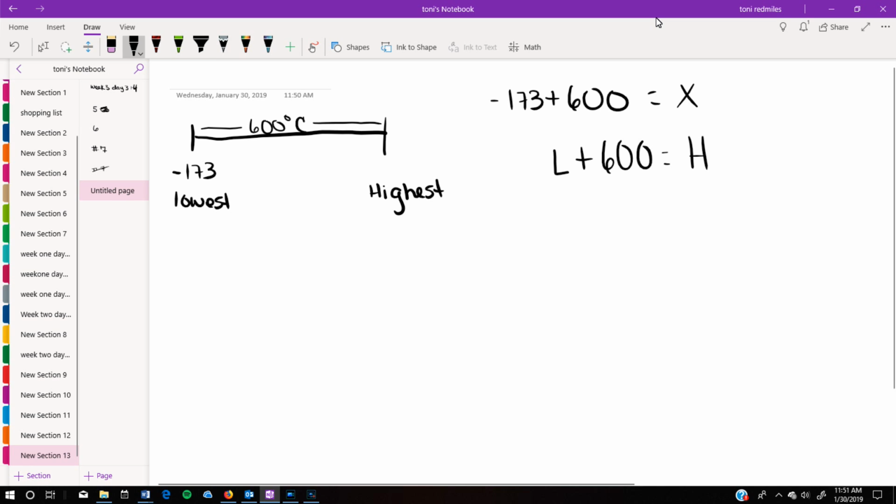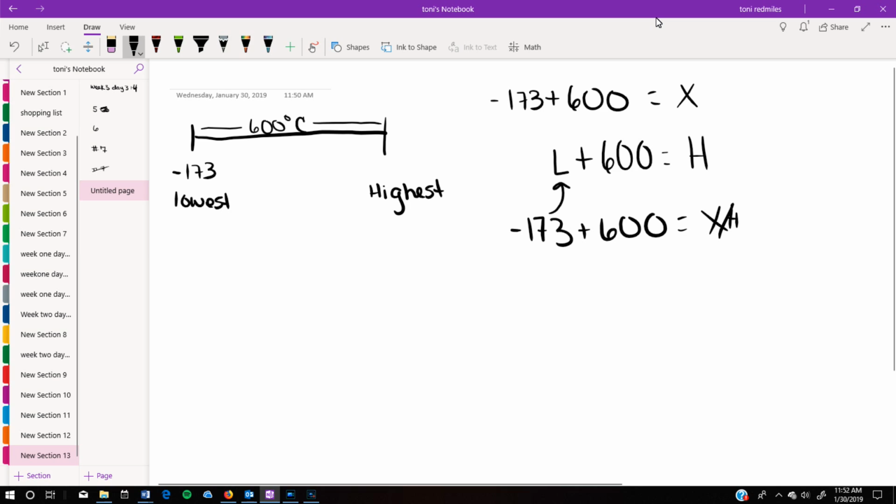Whichever way you solve the equation. Okay, did it say for us to solve this too? Yes, it said for us to solve it. So let's go ahead. I'm going to use the first equation because it's easy. It's basically the second equation if I were to evaluate for L. So either you can say I used the first equation, or you can say I evaluated for L. I put in the lowest temperature. Okay, so now I'm going to solve for X or H, whichever you want it to be.